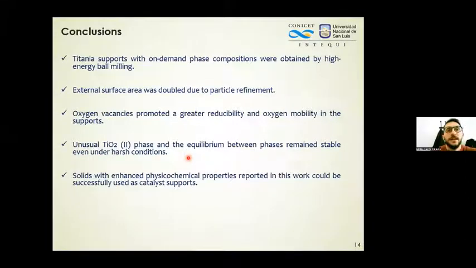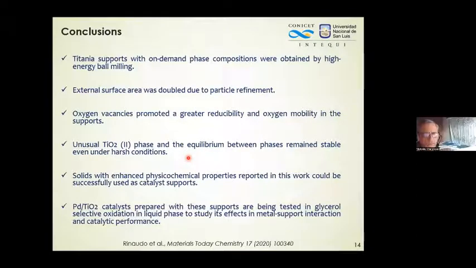And therefore, these solids with enhanced physicochemical properties could be successfully used as a catalyst support. And related to this, some palladium catalysts were prepared with this support and are now being tested in glycerol selective oxidation in liquid phase to study these metal-support interactions and of course the catalytic performance during the oxidation.